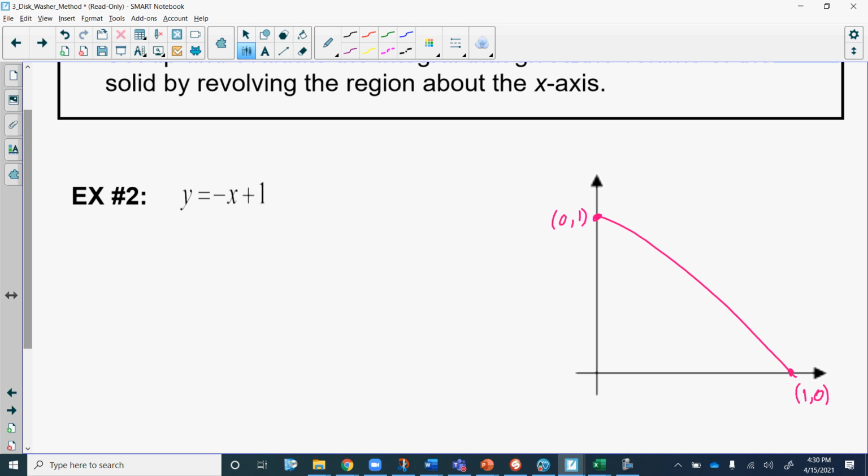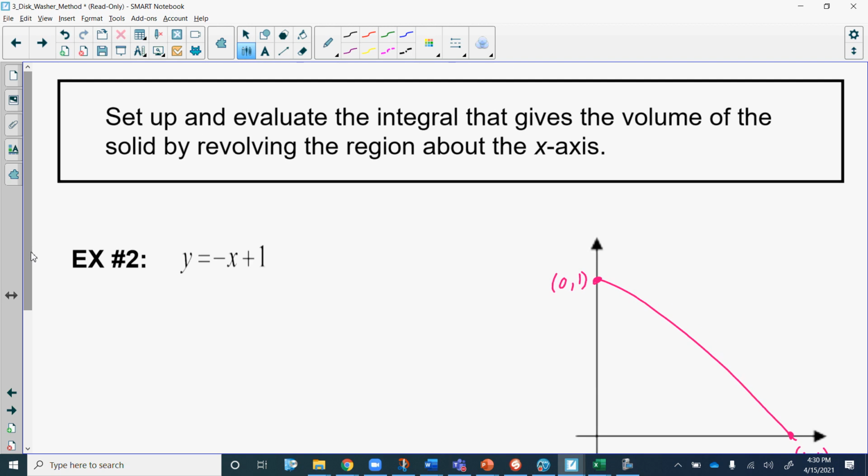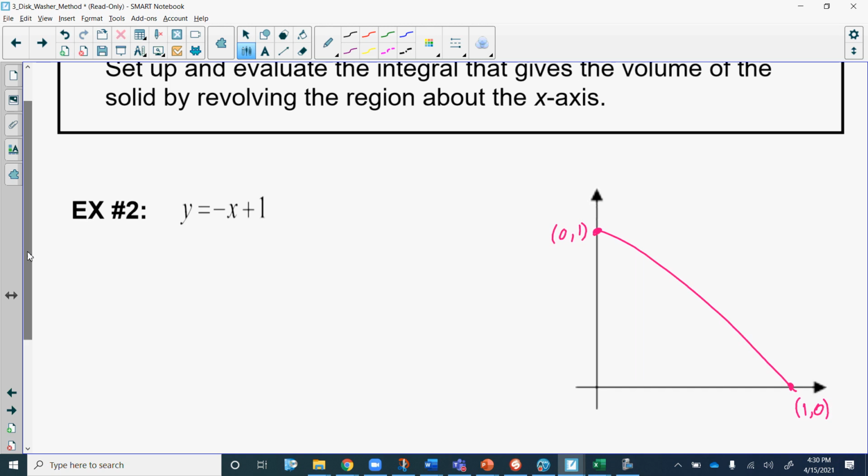And we're going to take that region, and so set up and evaluate the integral that gives the volume. It's not being super specific. It should indicate that it's going to be contained between that line, -x plus 1, and the x-axis and the y-axis, or when x is equal to 0 and y is equal to 0.